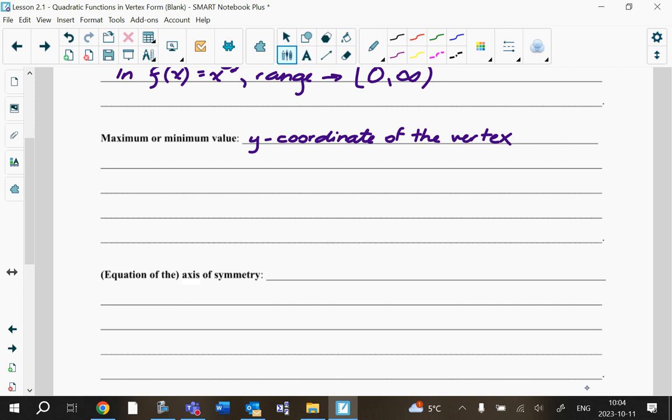If it's a right side up parabola, there's going to be a minimum. Because there's a point, the vertex bottoms out. So there's a minimum that it reaches. It doesn't go any lower than that minimum. If it's an upside down parabola, we don't talk about minimums, we say maximum, because there's a maximum point, the vertex, where the parabola tops out.